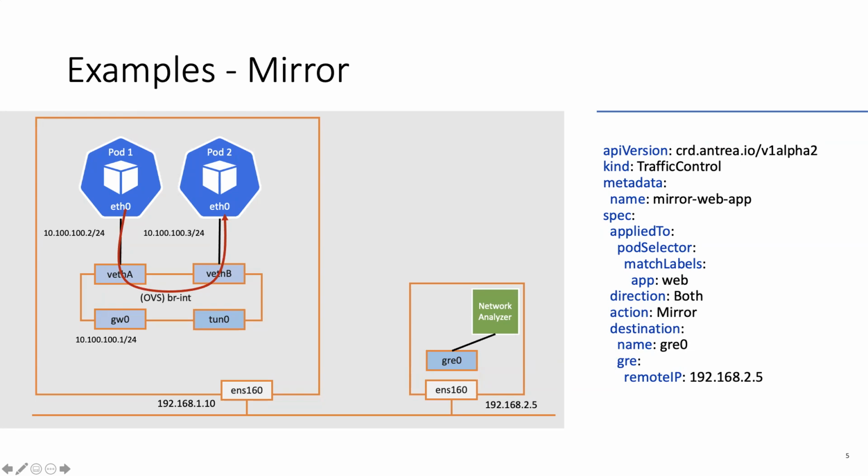And the destination is a GRE tunnel with remote IP set to this IP address. Then after this resource is created in the cluster, we will create a GRE tunnel on the bridge of each node. And we will install some OpenFlow rules to copy the traffic and send it via the GRE tunnel so that the network analyzer running on this remote node can receive the traffic between these ports.